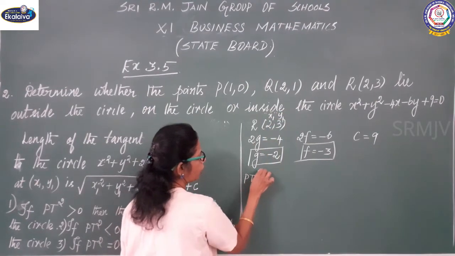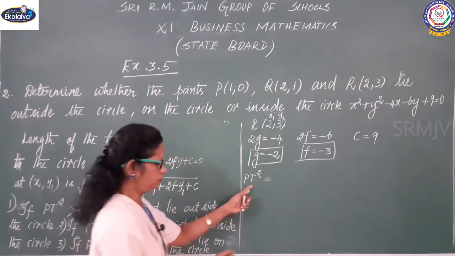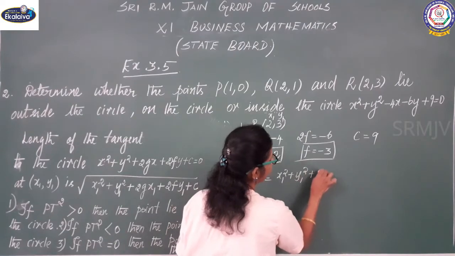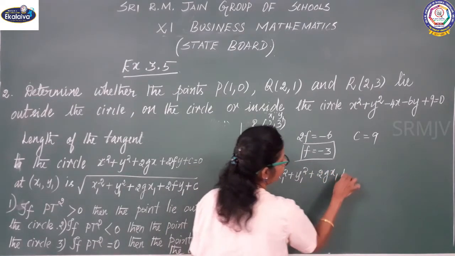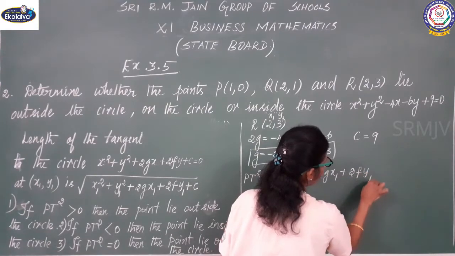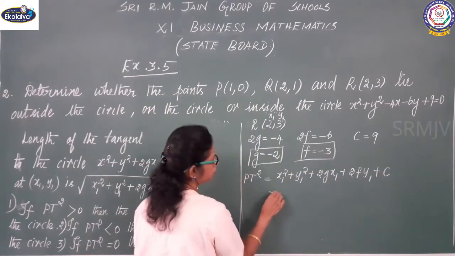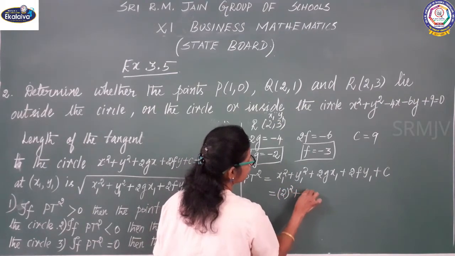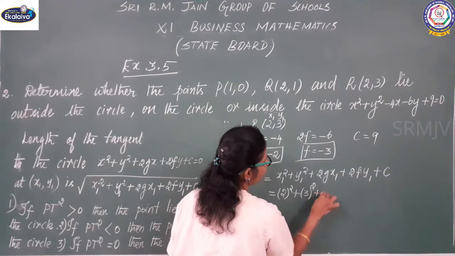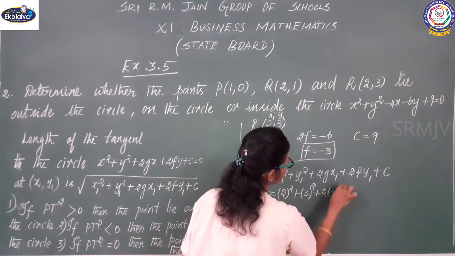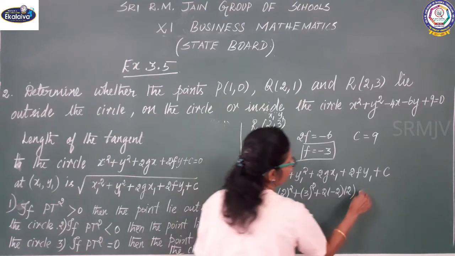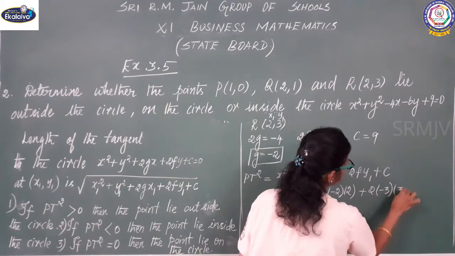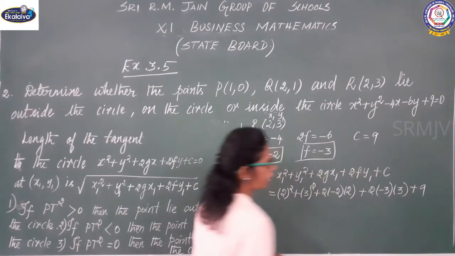Now PT square you are going to calculate, right? x1 square plus y1 square plus 2gx1 plus 2fy1 plus c. x1 square, that is 2 square plus 3 the whole square plus 2 into minus 2 into 2 plus 2 into minus 3 into 3 plus 9, right?